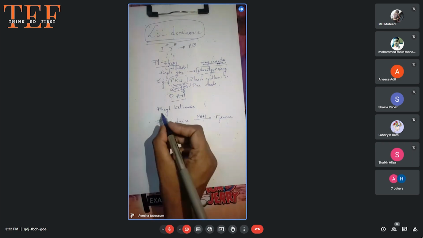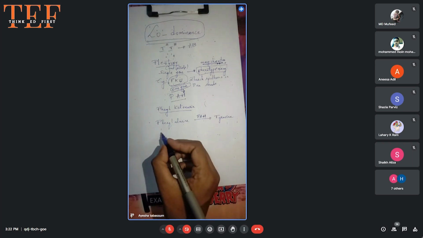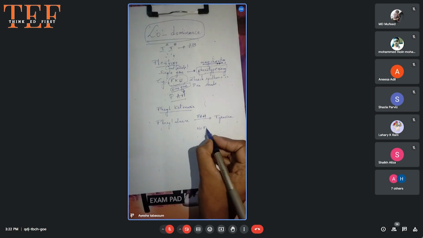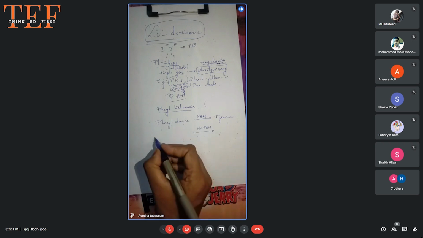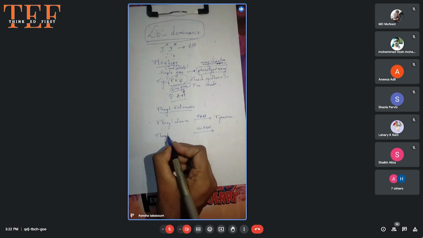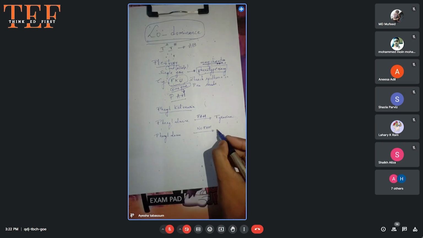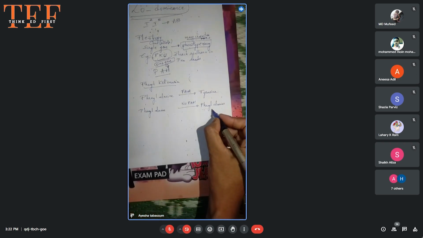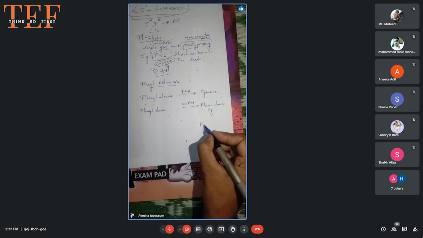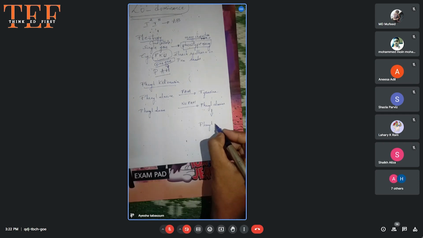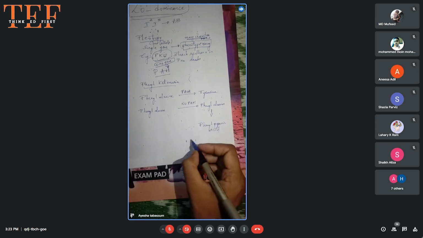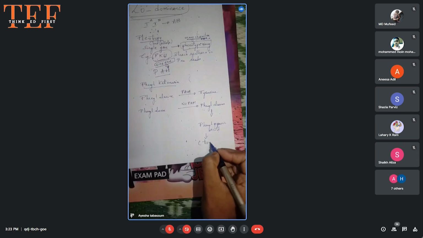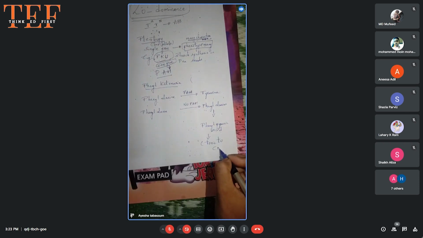But in people suffering from phenylketonuria, there will be no PAH. If there is no PAH, phenylalanine will remain as phenylalanine, and then slowly get converted into phenylpyruvic acid, which is toxic to the central nervous system.